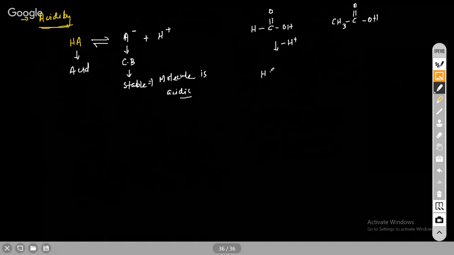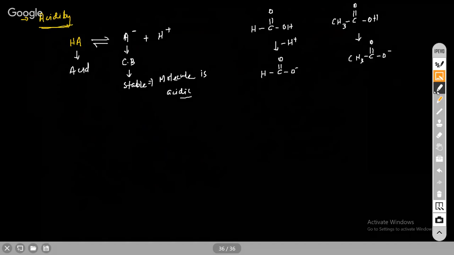So the conjugate base of the first compound will be HCOO minus, and for this it will be CH3C double bond O, O minus, right? Now we compare the stability of these two conjugate bases.